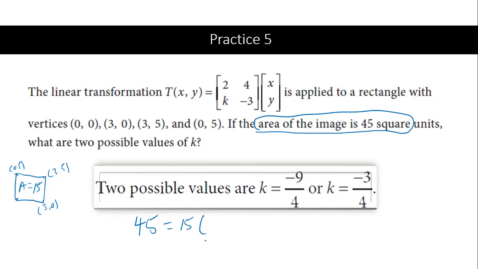And how do we find our determinant? Cross multiply and subtract. So we have 2 times -3, which is -6, minus 4 times k, which is just going to be 4k.